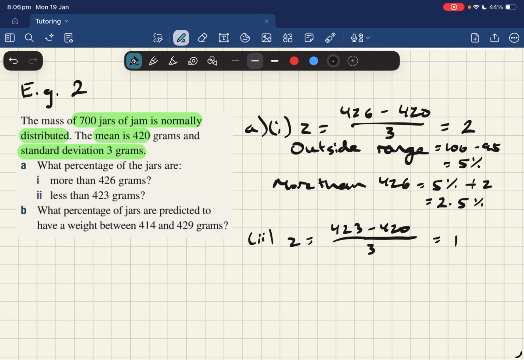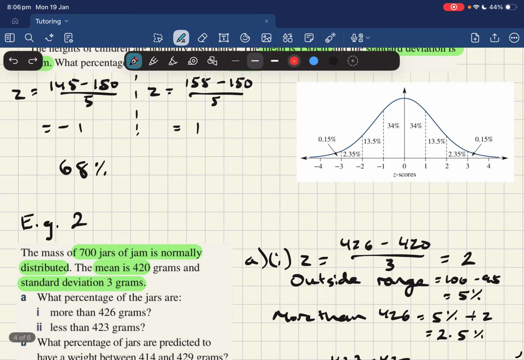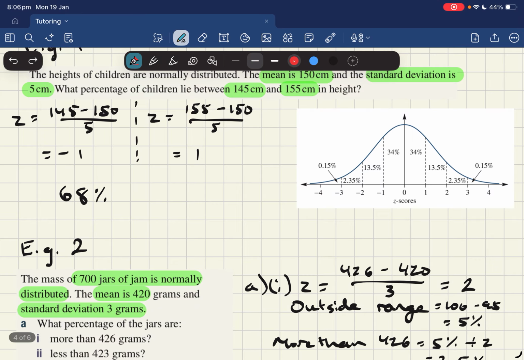We're trying to find the ones less than 423 grams. Looking back at our normal distribution, it's everything less than 1 standard deviation.